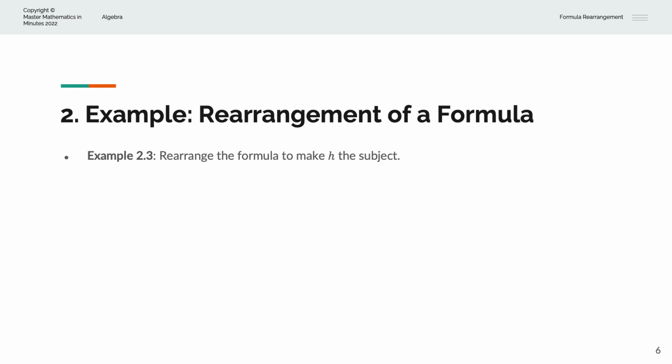In the third example, we're asked to rearrange the formula to make h the subject. We're given the expression g minus h divided by 9 is equals to 81. And so h is in dark blue, and we'll make that the subject. So we'll multiply both sides of the equation by 9. So with g minus h and 81 multiplied by 9. And so we'll bring h to the right-hand side, so minus h now becomes plus h.